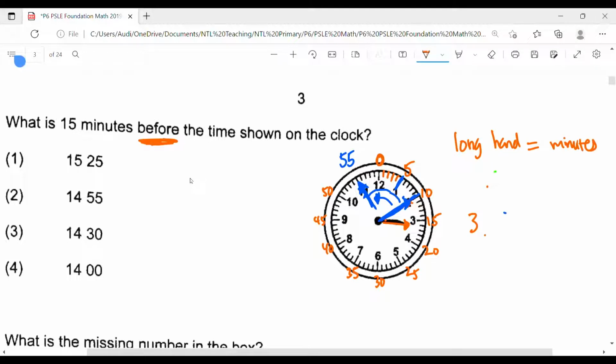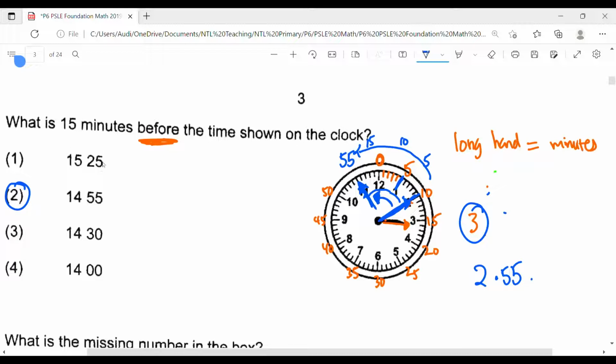This is the reason why we go backwards this way and we count 15. So 5, 10, 15, and we end up at number 11. So this is 55 minutes. Because we're going backwards, it is no longer 3 o'clock. It should be 2 o'clock and 55 minutes. So that's our answer, 2 o'clock and 55 minutes.